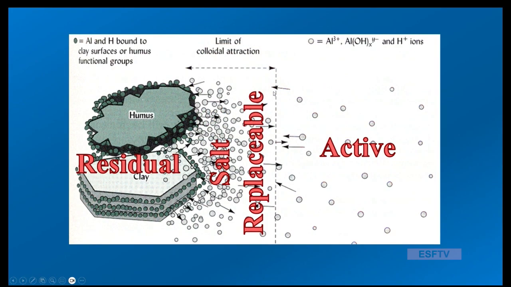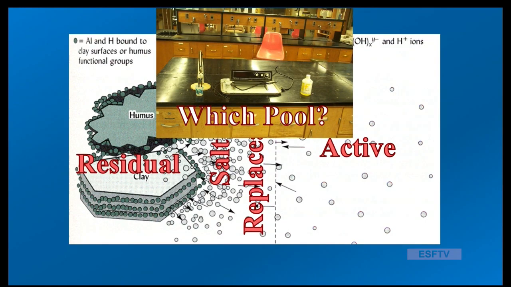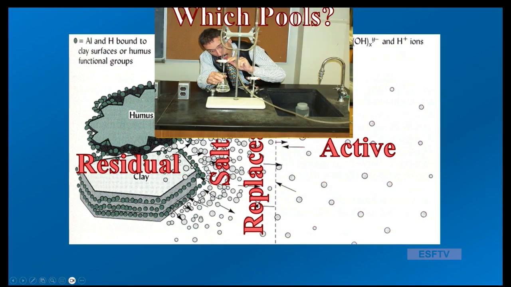So this is the pool that's very active out in solution. You're measuring hydronium ion in solution, translated to some electrical impulse, and you get a reading that's associated with the pH, or the concentration, the negative log of the activity. Okay. Active.